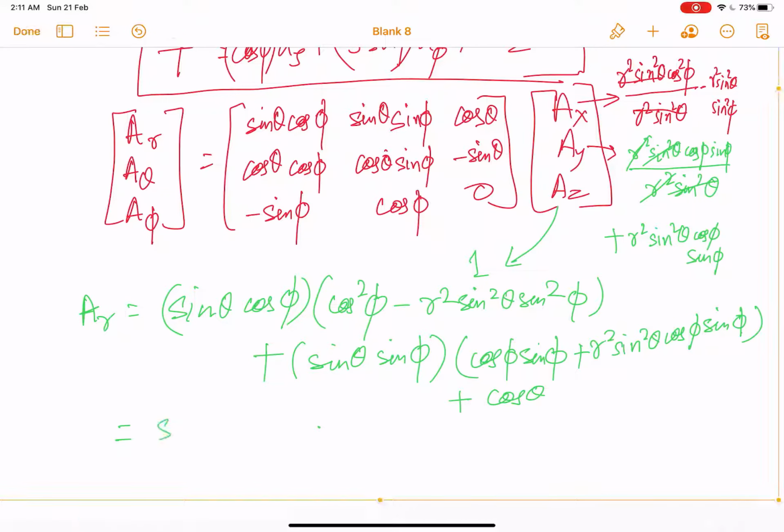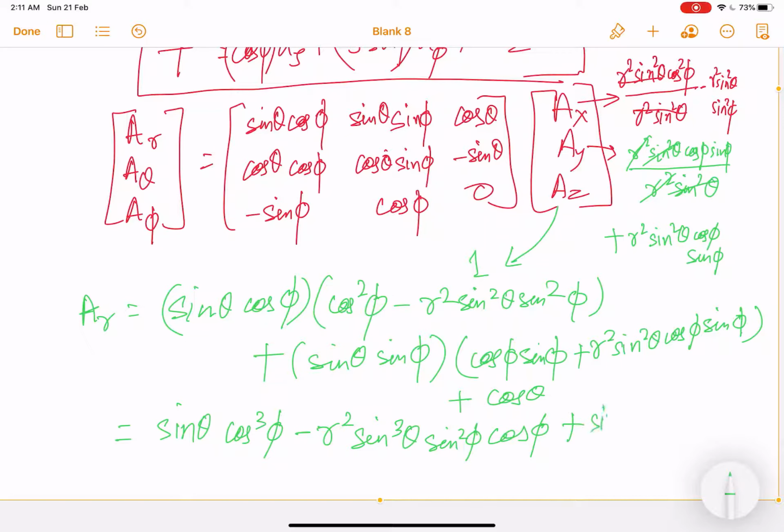Anyways, sine theta cos cube phi, okay, minus r square, I hope I'm doing it correctly, sine cube theta sine square phi cos phi, okay, plus I'll write this term sine theta sine phi cos phi sine phi.